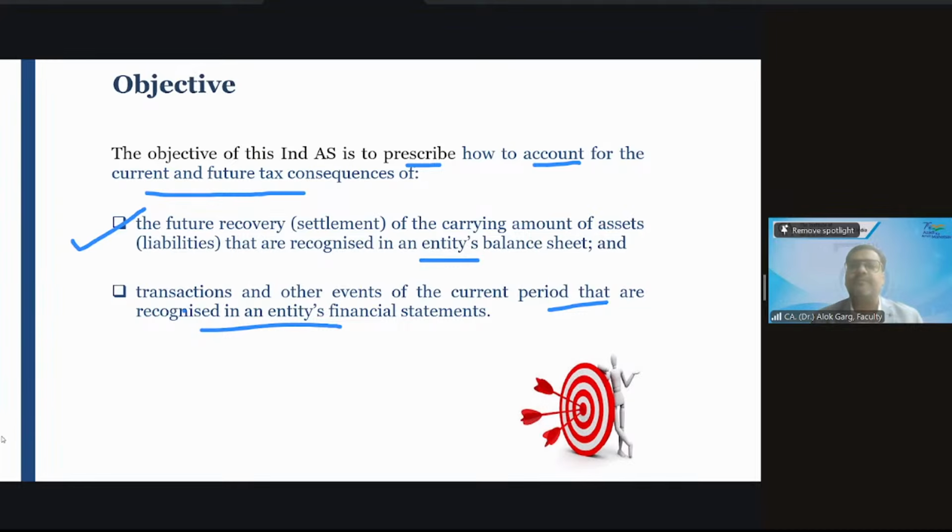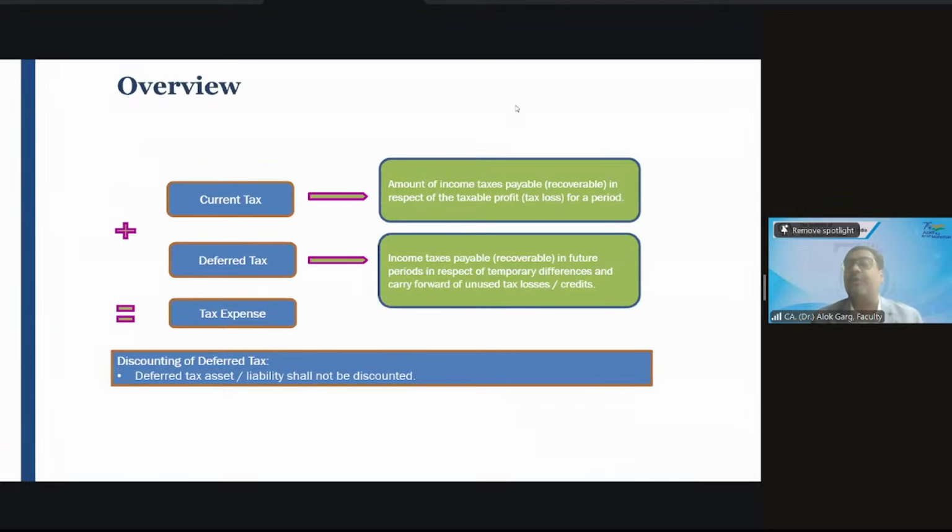Okay. So friends, we are going to cover largely two concepts in this standard: current tax and deferred tax. The title is income tax, the title is tax expense. So tax expense is the aggregate of current tax and deferred tax, right? What is current tax?